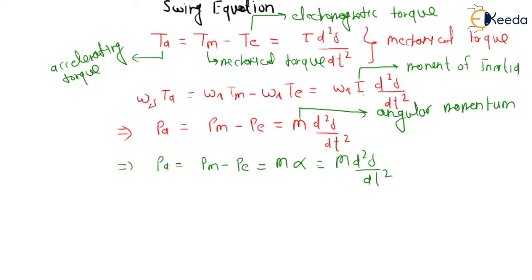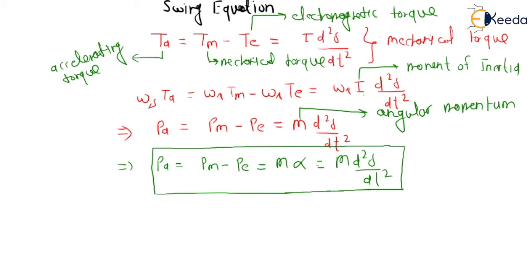So Pa is equal to Pm minus Pe is equal to M into alpha. This is basically the swing equation. You should always remember this formula.